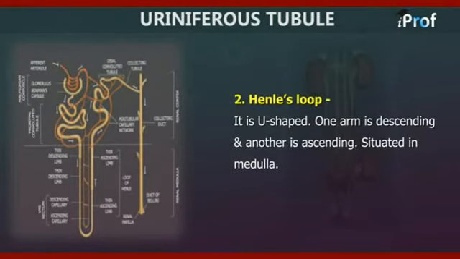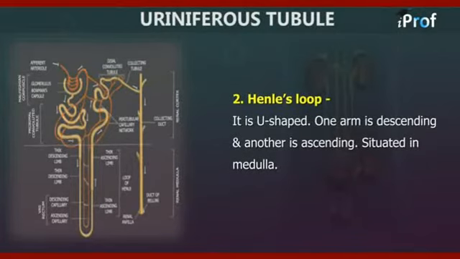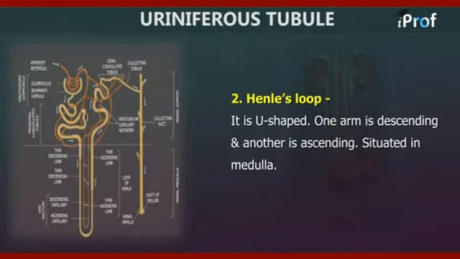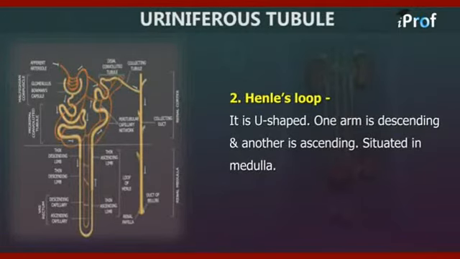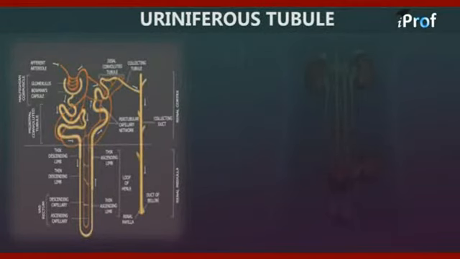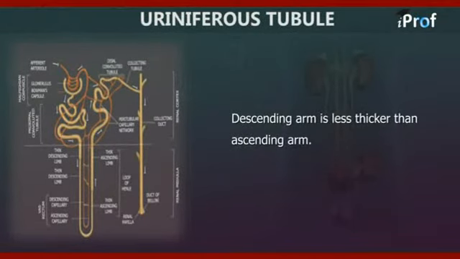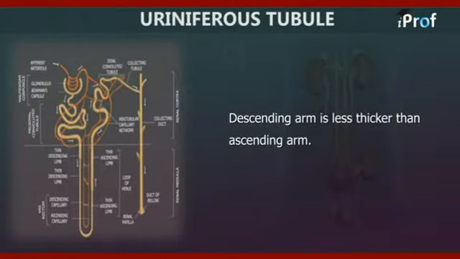Henle's loop, it is U-shaped. One arm is descending and another is ascending, situated in medulla. Descending arm is less thicker than ascending arm.